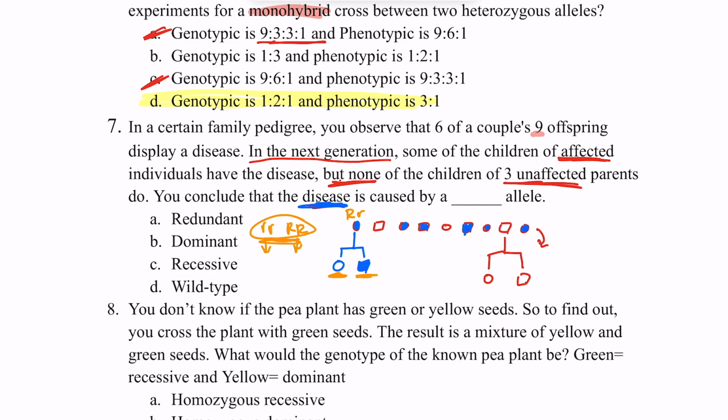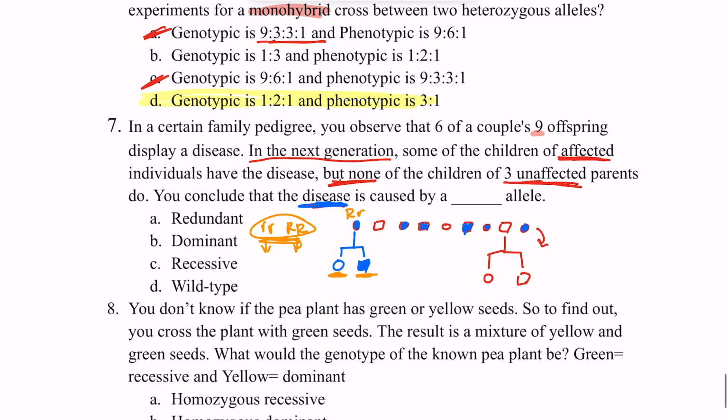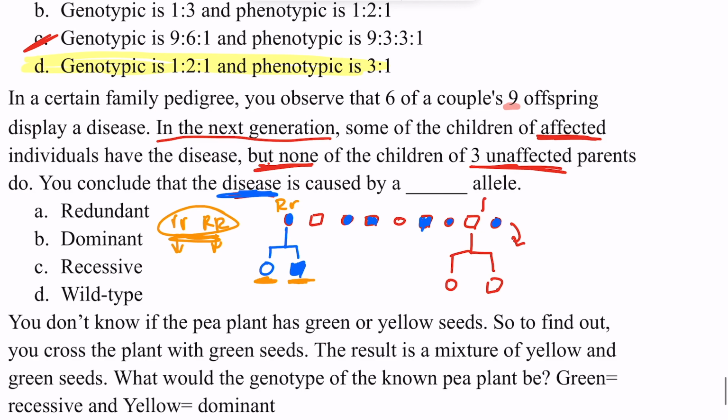But to determine if the disease is caused by the dominant allele or the recessive allele, we have to look at the unaffected. So if we go back over here to this guy, we see that his offspring will not be affected whatsoever. So this can't be heterozygous because that would create a 1-to-1 ratio genotypically. And we see that everyone here, this is our true breeding, right? Regardless of how many self-fertilizations, it's always going to produce the same outcome.